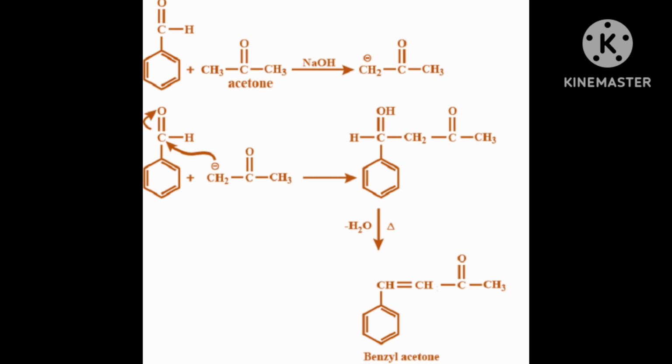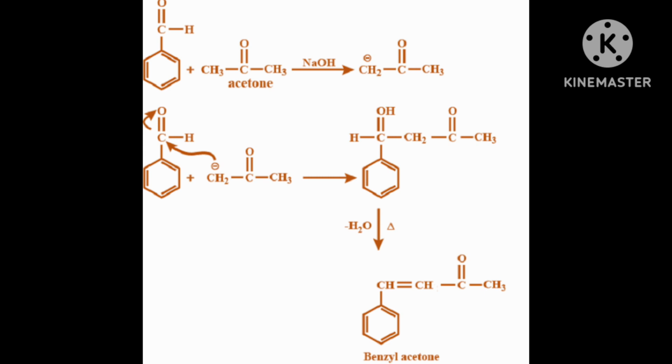Then here, aldehydes: acetaldehyde and propanaldehyde, you are taking as an example, in the presence of dilute NaOH, and you are heating. Then you will get, because now the number of carbon will be what?